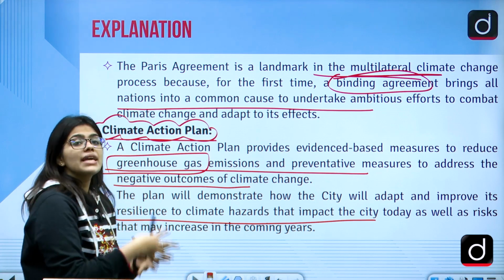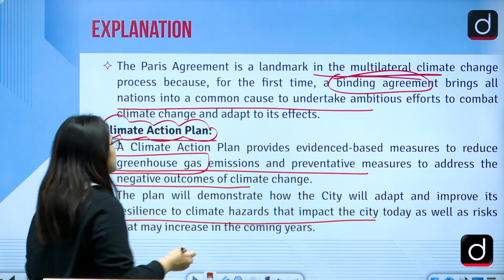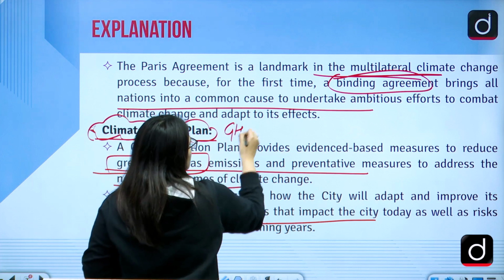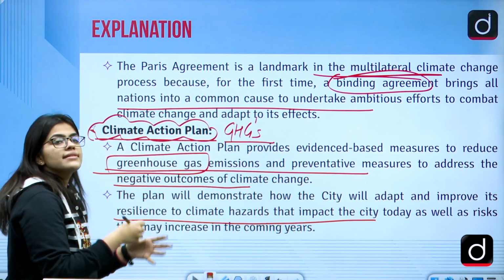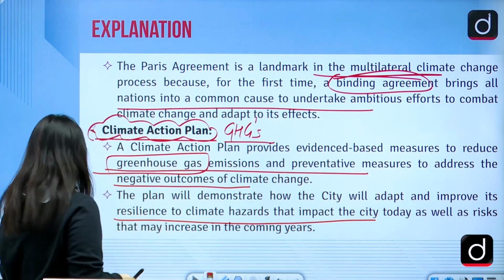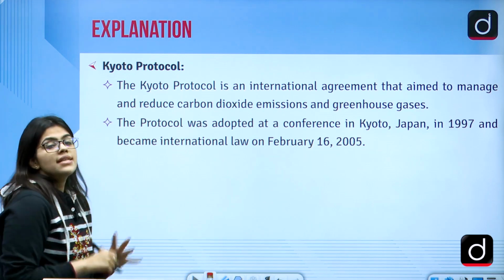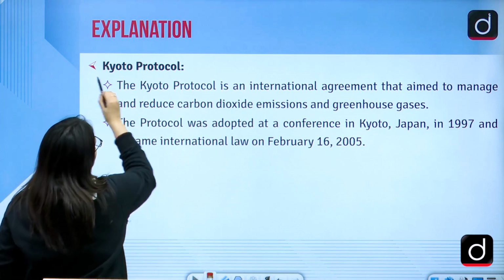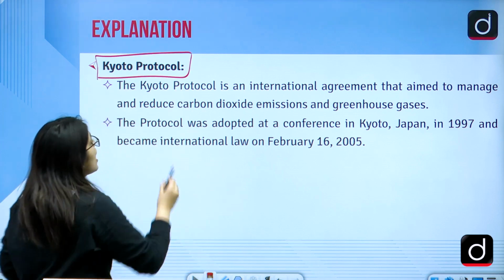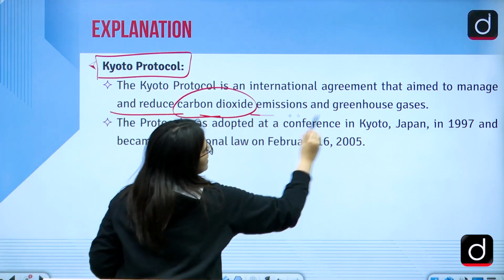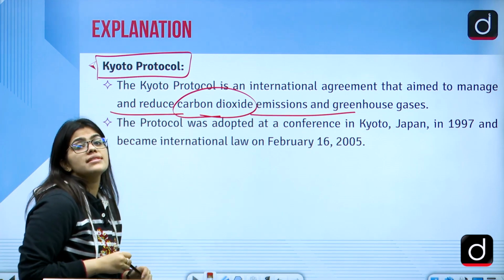This is talking again about the greenhouse gases. So you should remember, and how they said that there are different hazardous chemicals and we have to protect the cities. Then we have the Kyoto Protocol. Kyoto Protocol is an international agreement that aimed to manage and reduce the carbon dioxide emission and the greenhouse gas emission.